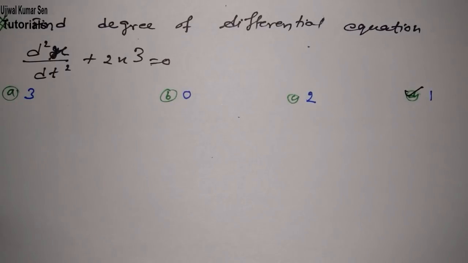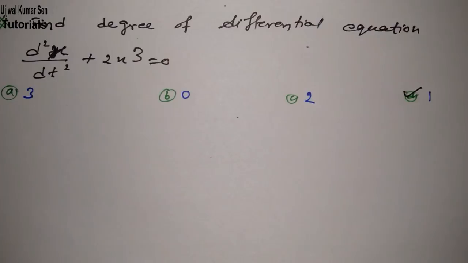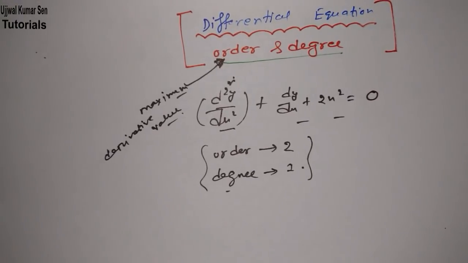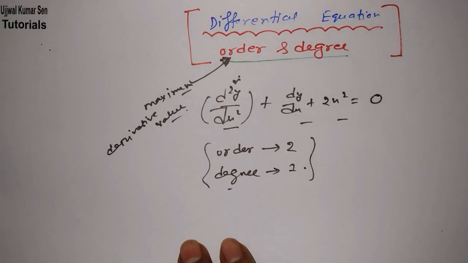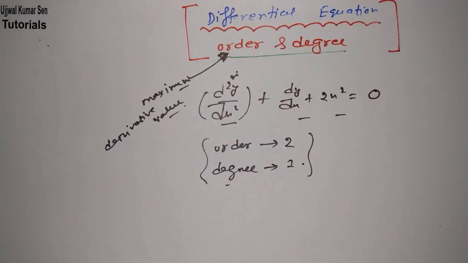So this is how we can solve problems related to the degree and order of a differential equation. The basic concept you have to implement to find the answer in the right way is that you have to know what order is and what degree is. Let me review it again.